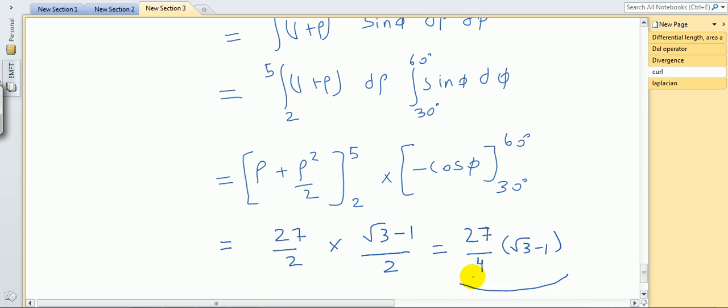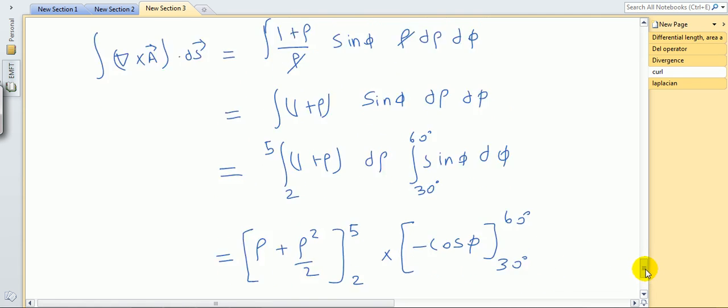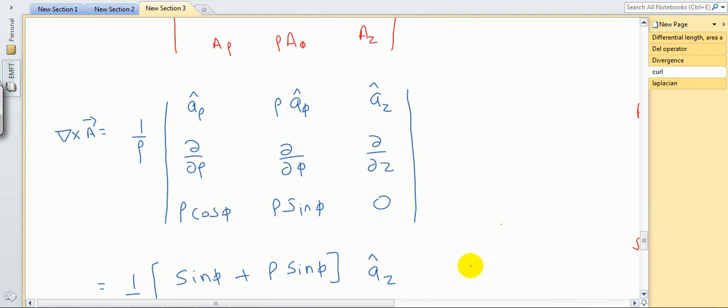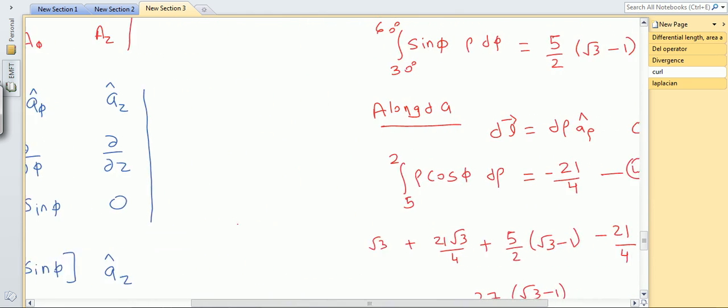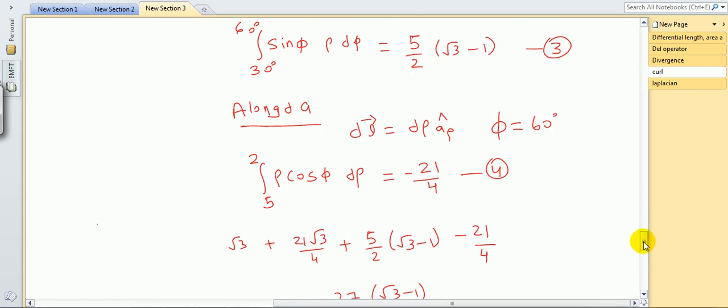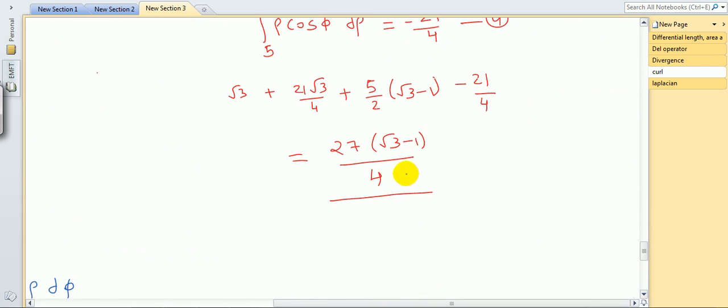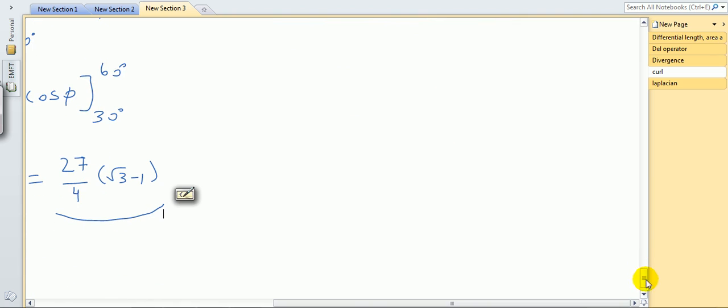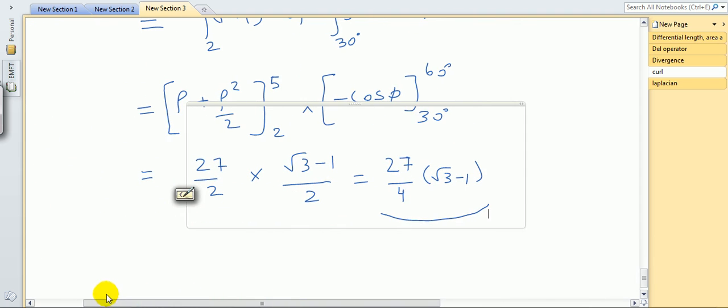So this is my del cross A ds surface integral, and I have found the A dot dl, which was, if I show, 27 by 4 root 3 minus 1, which is same as which I have found here.